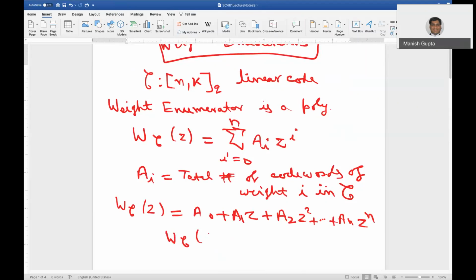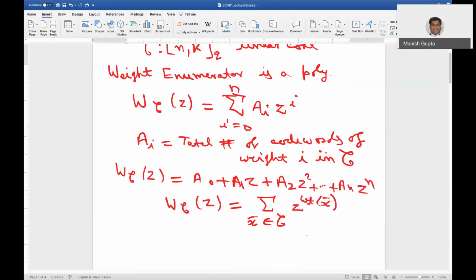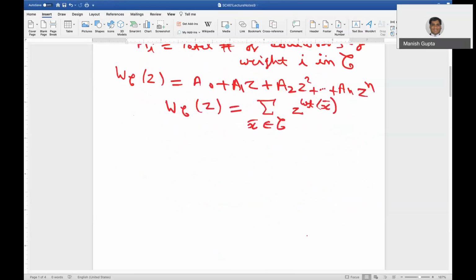Another nice compact formula is W_C(z) can be written as the summation over x belonging to C of z raised to power weight of x. If the weight of x is 0, there will be one codeword, so that is A_0. If the weight of x is 1, suppose there are A_1 codewords, so A_1 will come, and so on. You can expand it like that. It's the same thing.